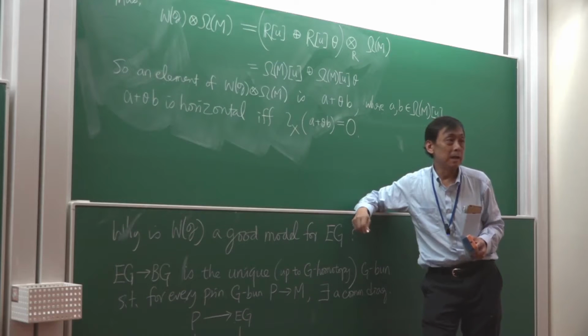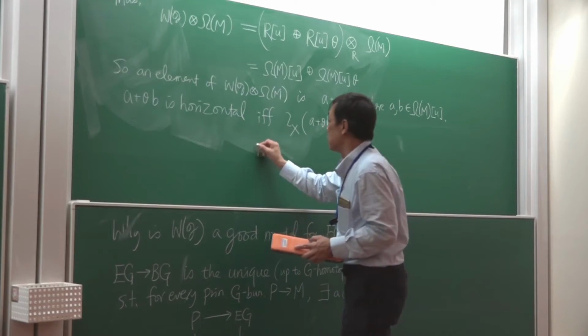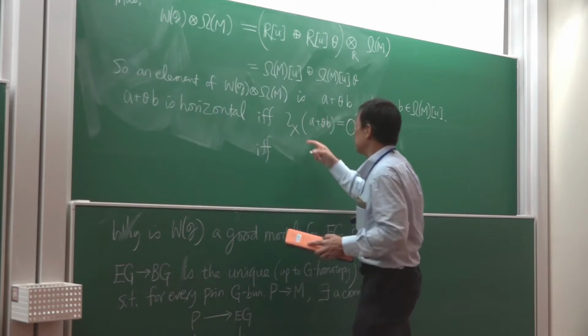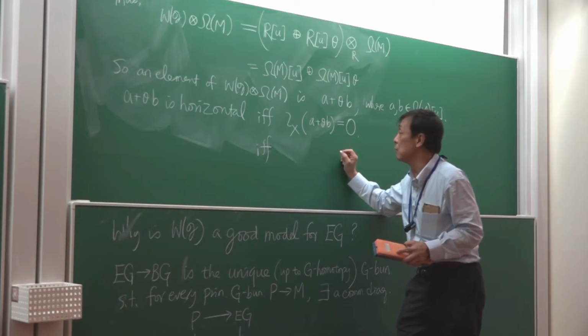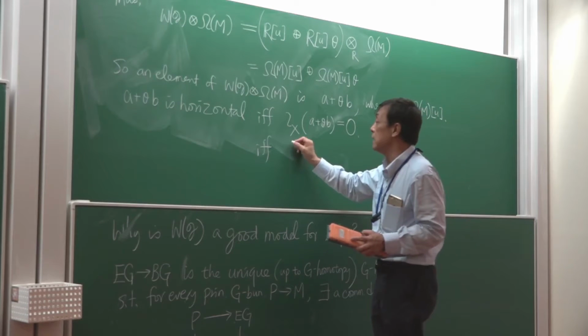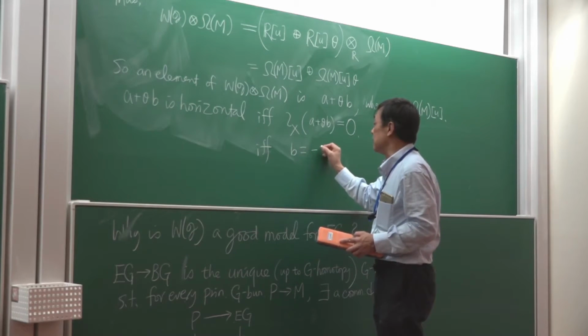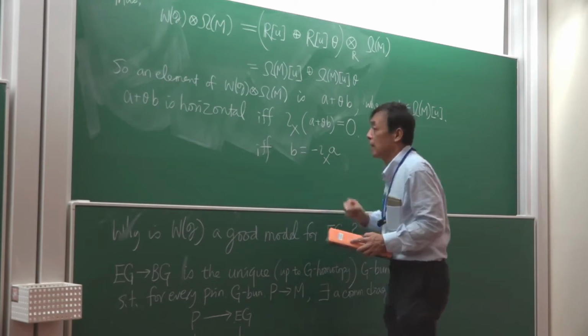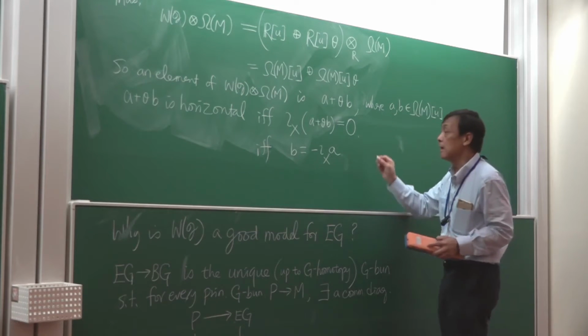Okay. And we worked this out last time. So when we worked it out, what we found was that this is equivalent to B equal to minus I_X A. Okay.